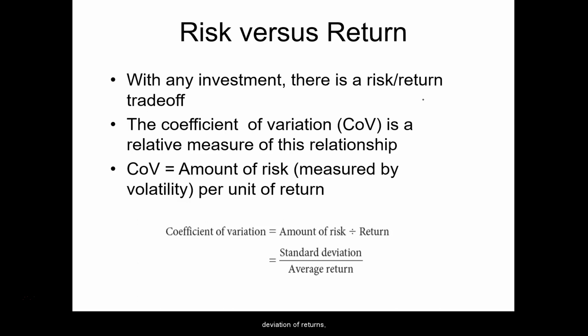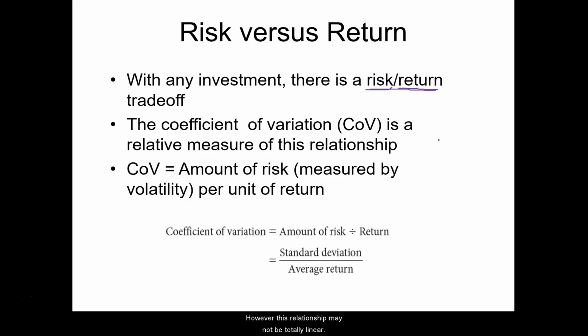Now that you understand the idea of the returns and the average return and the standard deviation of returns, we say with any investment, there is a risk and return trade-off. Generally, the investments that can deliver a higher return usually come with a higher risk. And the ones that come with very low risk, such as the T-bills, deliver very low return.